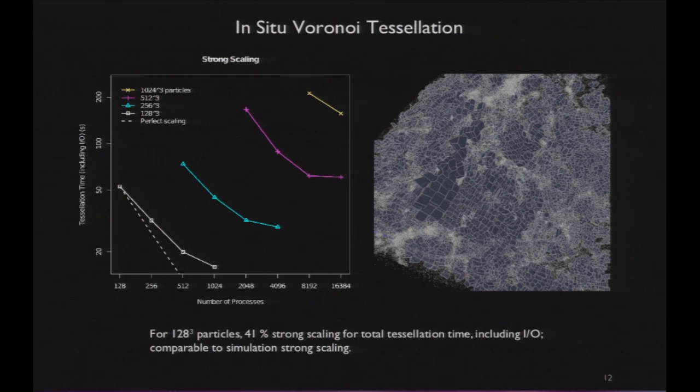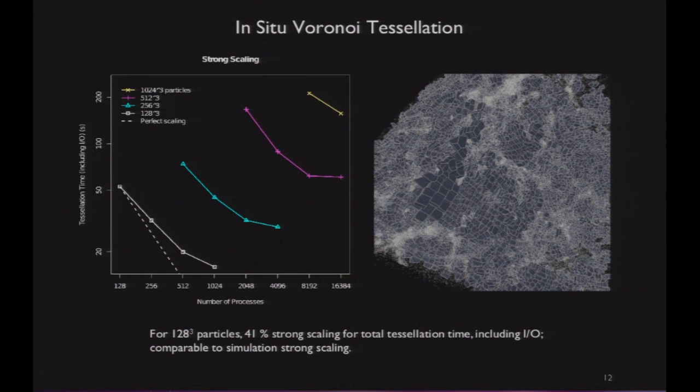It's a complete meshing of a particle data set that self-adapts to the spacing between the particles. Here on 4 different data sets, ranging from 128 cubed up to 1024 cubed, we ran out to 16,000 processes.